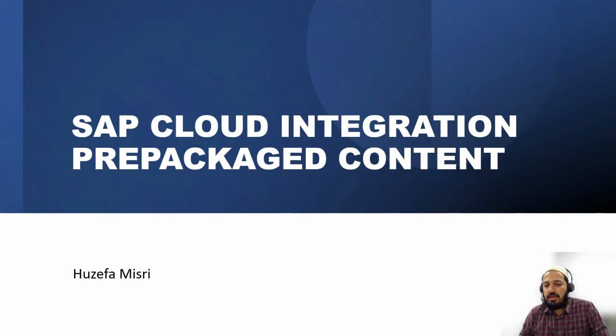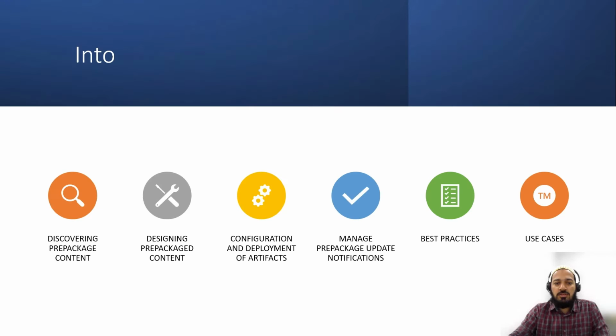There was a second tab after Home, which talks about how to discover the packages. That is called pre-packaged content from SAP, and you can just import it and start using it right away. You just have to make a few configurations.